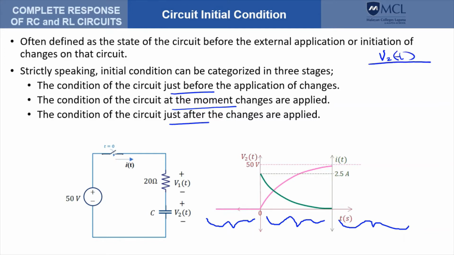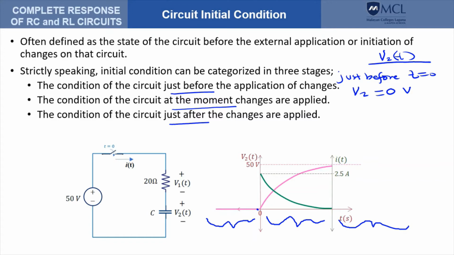Just before t equals 0, we know the voltage to be 0 here, right? So therefore, just before t equals 0, our V2 would be equal to 0 volts.